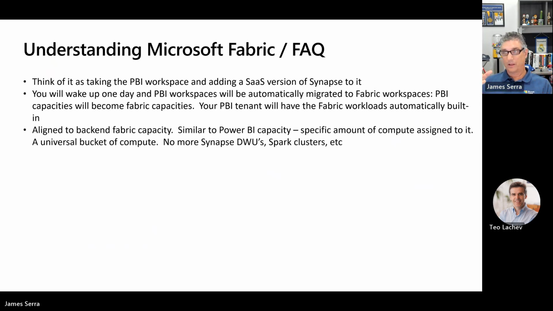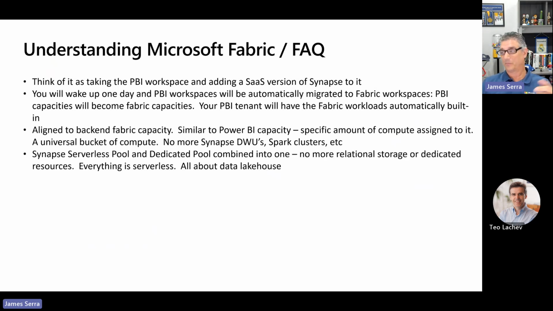So instead of, with Synapse, DWUs, data warehouse units, or Spark clusters, where you have to go in and specify the capacity you want to use for that, all that goes away. You have one capacity. Anything you use within Fabric pulls from that universal bucket. So it makes it a lot easier, and it also helps control and track costs a lot better that way too.